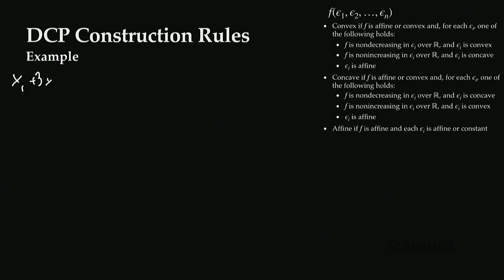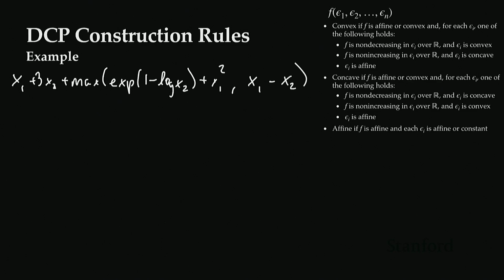Let's do x1 plus 3x2 plus max of exp of (1 minus log x2 plus x1 squared), comma, x1 minus x2. So this is a pretty wild thing here. We know this piece is affine. So we really just care about checking this second piece here.